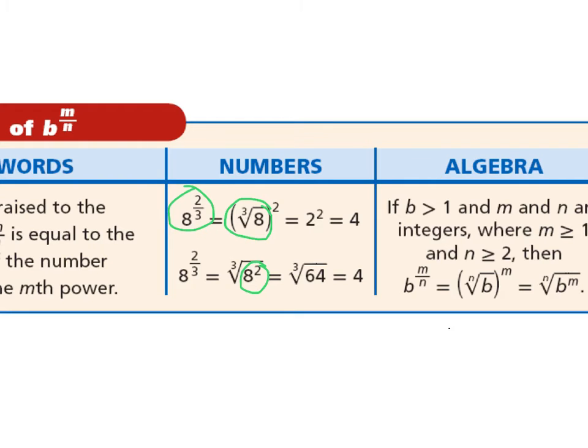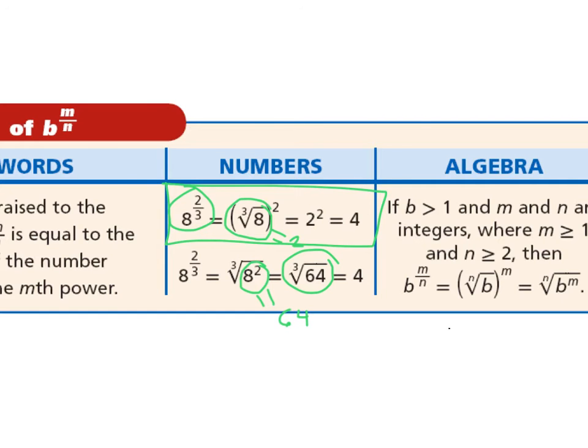The order depends on what our number is. We know 8 squared is 64, but we don't really know what the cubed root of 64 is. We know what the cubed root of 8 is, which is 2, and then 2 squared is 4. So it's almost easier to do it this way. You do the root first, whatever the root is, and then you do the number on top second.